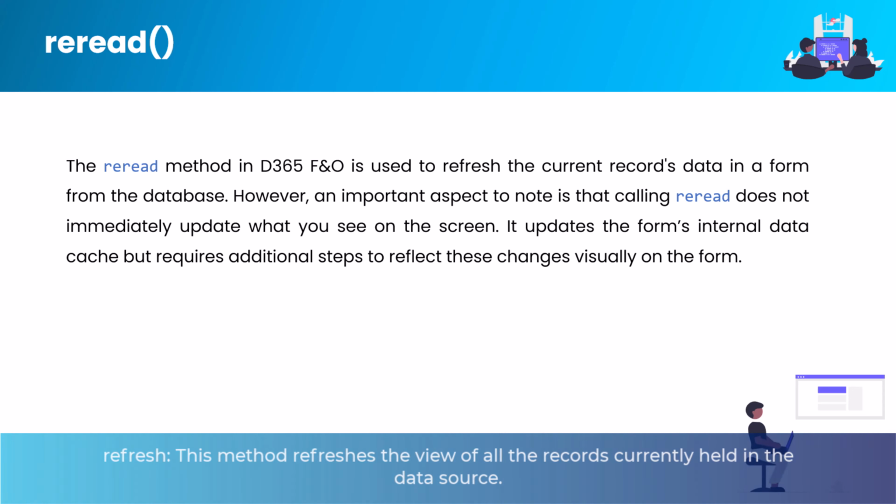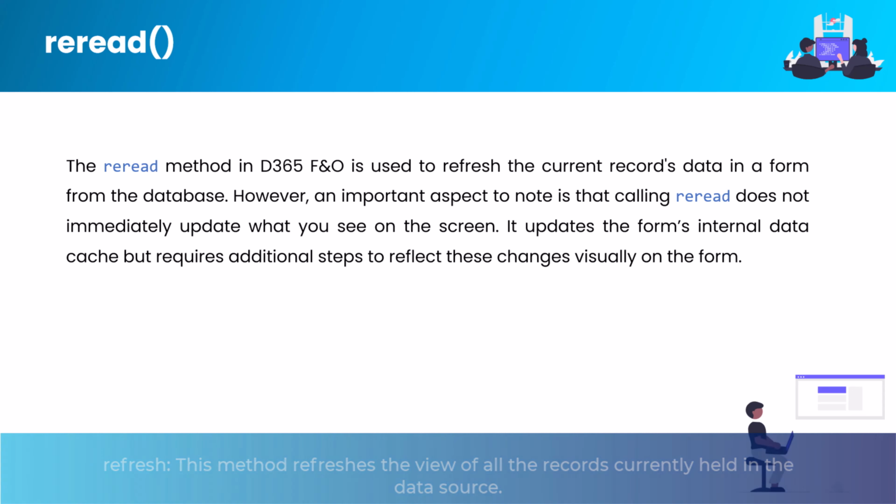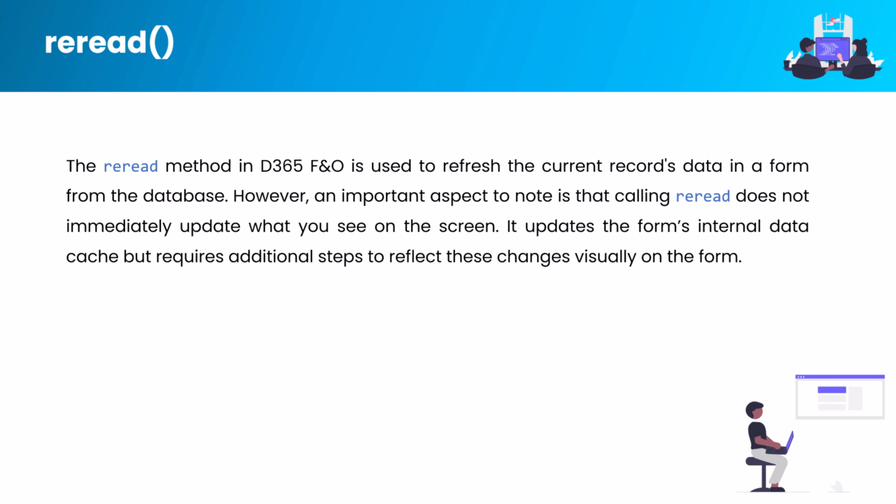Here one may ask the question: when to use reread? The reread method is particularly useful in a scenario where you need to update the current record's data and reflect those changes on the form. A common scenario is updating the current record. Suppose you have a button that updates some value in the current record through code.